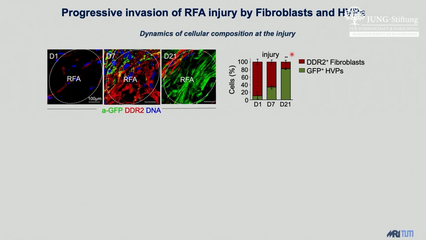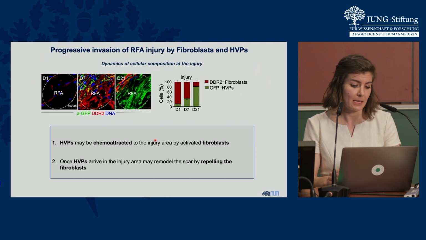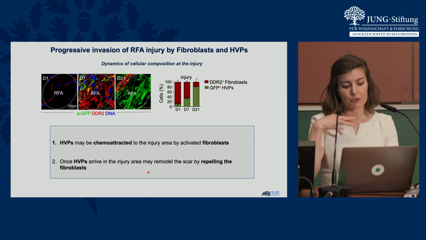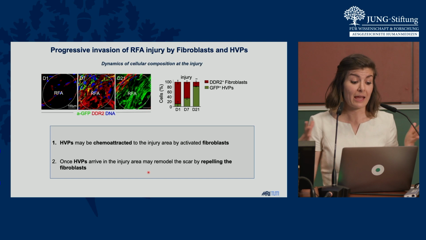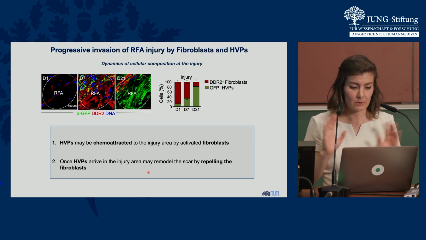So from all these findings and observations, we hypothesized that there must be some kind of chemical interaction of cardiac fibroblasts and cardiac progenitor cells. And we hypothesized that the HVPs, the progenitor cells, might be chemo-attracted by cardiac fibroblasts, and once these progenitor cells arrive in the scar, they repel the cardiac fibroblasts and end up with a fibroblast-free zone in the infarction.